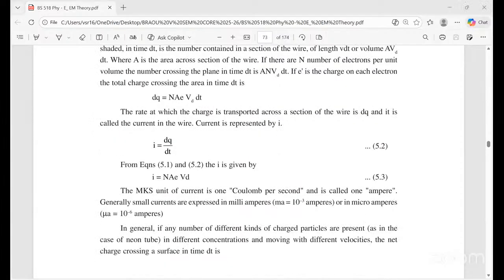If dq by dt is there, that is I. I equals this, where vd is V suffix d, not V into d. So if you want to calculate the current value, you can easily get it with respect to the drift velocity.